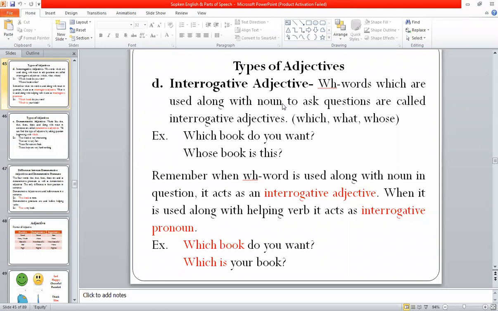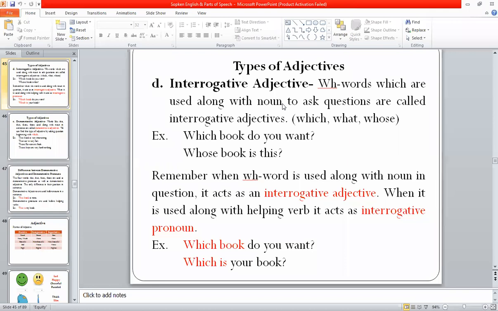Let's see its difference. When that WH word is used along with a noun in a question, it acts as an interrogative adjective, and when it is used with an auxiliary verb or helping verb, then it acts as an interrogative pronoun. Okay, so let's see its example.